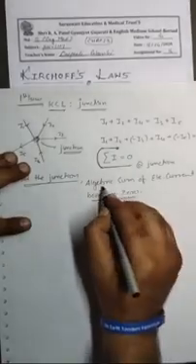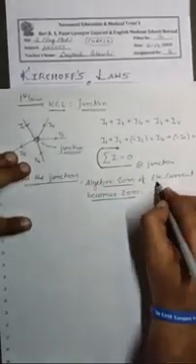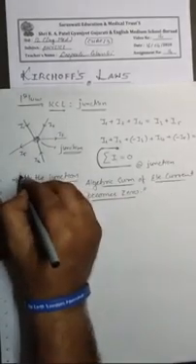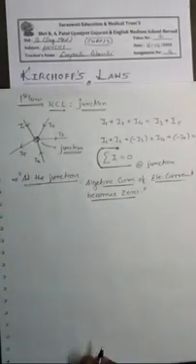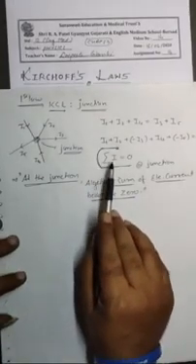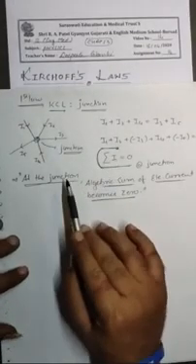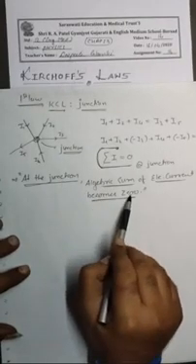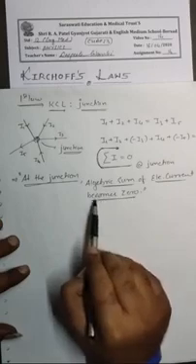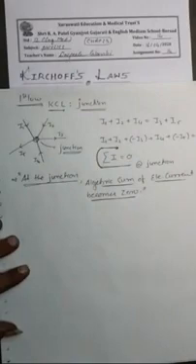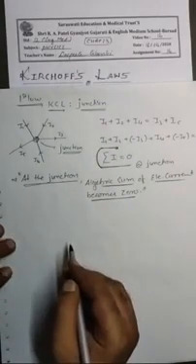What becomes 0? The algebraic sum of electric current. So this is its statement. Again, the algebraic sum of electric current at the junction becomes 0, or you can say that instead of becomes, remains 0. Okay, so this is the first law of Kirchhoff.